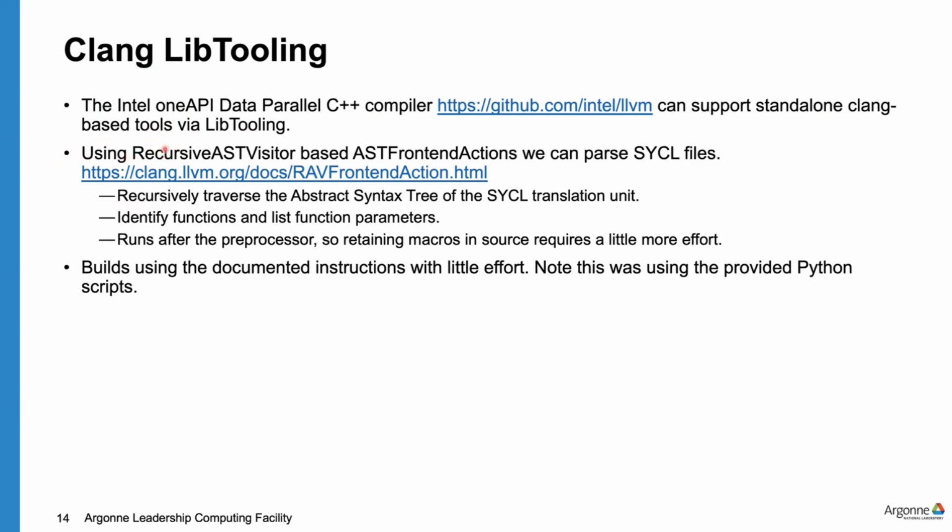In this tool, we use the recursive AST visitor functionality from LibTooling. We can parse the SYCL files, recursively traverse the AST, and find all of the functions that we want to migrate.